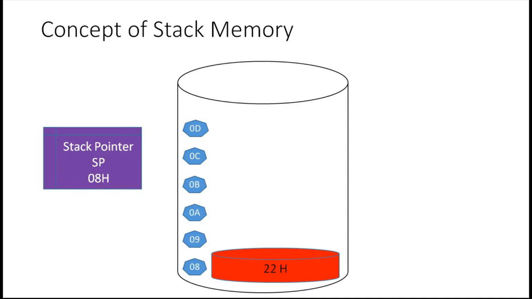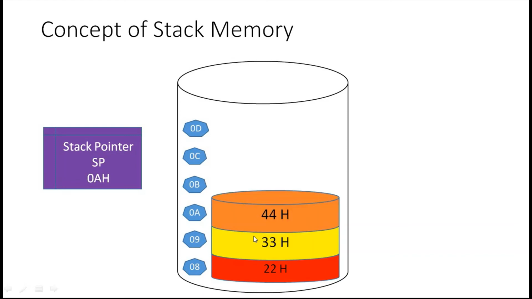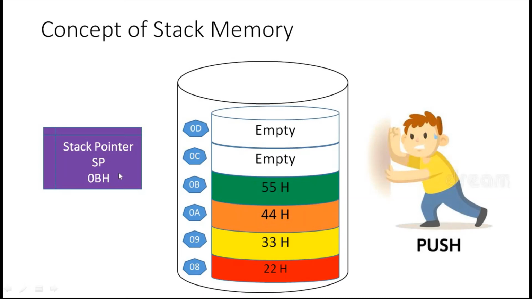After that the next data naturally will be put at location number 9. Increment the SP, put the data, then again increment the SP, put the next data, again increment the SP, put the next data. The remaining 2 are empty, so your SP will remain 0BH as it is. Again this operation is called a push operation.